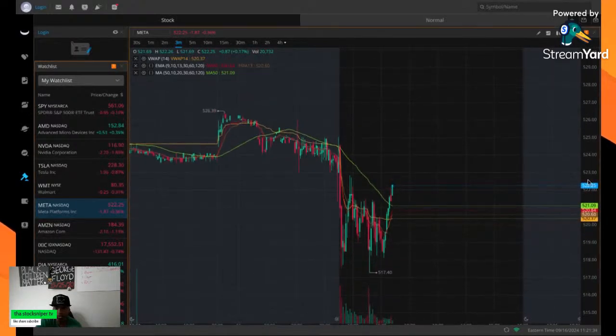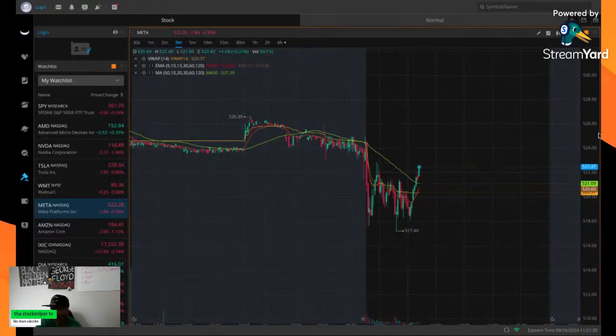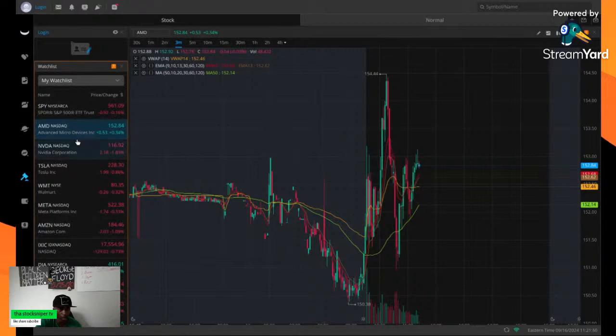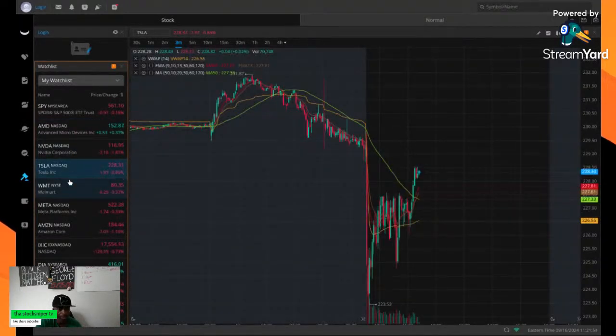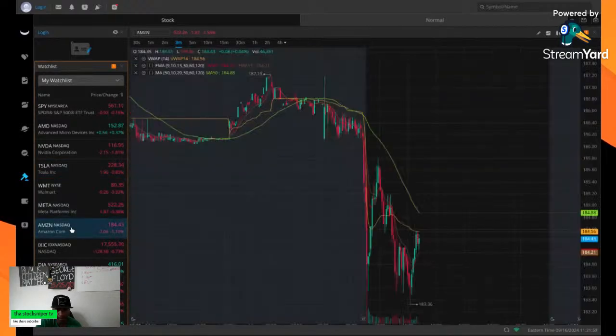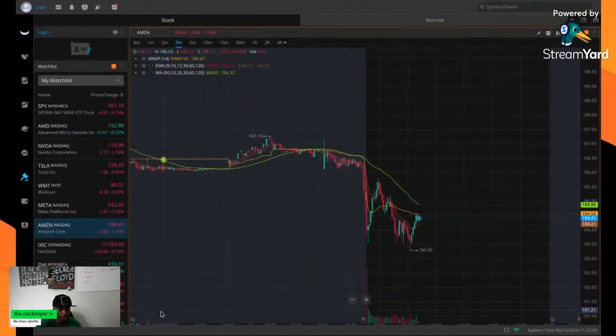So once you get good at it, you know how to read these charts and know these companies and know how the market goes, you just go through them. Even though I like trading SPY, I will trade AMD. I will trade NVDA. I will trade Tesla. I don't trade Walmart. I will trade Facebook, Amazon. Something is going to give you a good chance to make a trade.